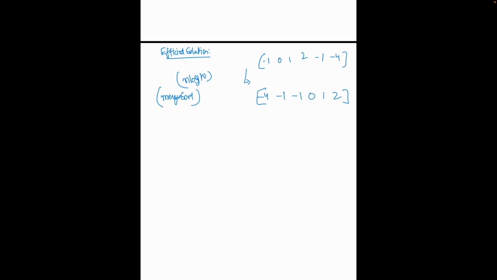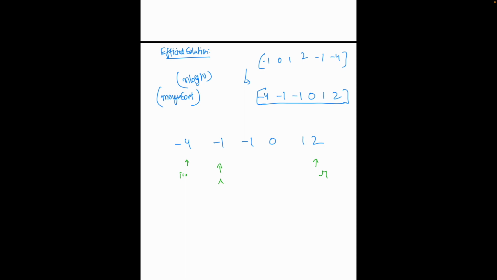Now what we're going to do in this array is, let's say, I think I need a bigger one: minus 4, minus 1, minus 1. We start from here, i equals 0, and then we'll take a left pointer and a right pointer in the remaining array.